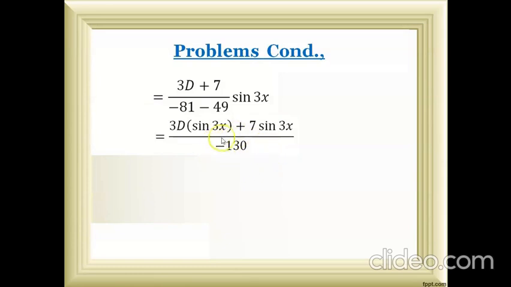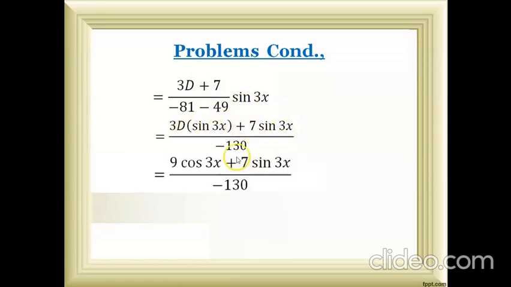After completing the replacement and simplifying the denominator, I will get minus 130. Next, I am multiplying the numerator with sine 3x. It becomes 3D into sine 3x plus 7 into sine 3x. D, as we discussed earlier, is d by dx.